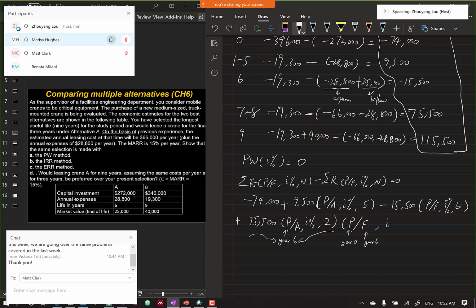So we don't know this one, and roll back to year 6. Okay, then the last one will be on year 9, and that's straightforward. For this one, we need to calculate the present worth given the future worth, interest rate unknown, and 9 years.